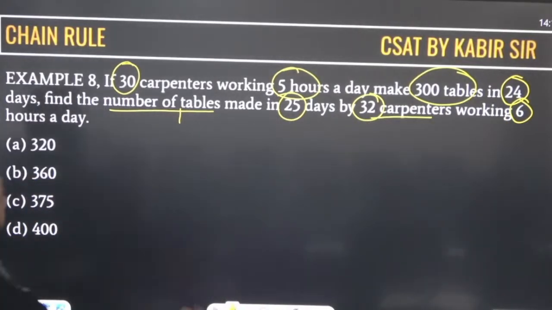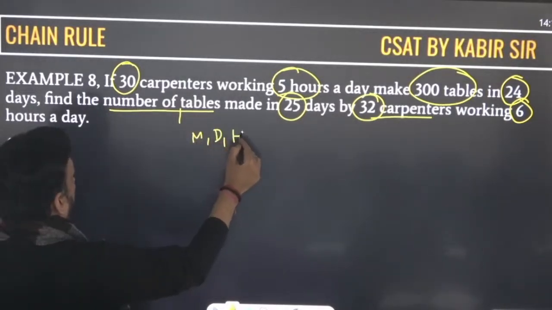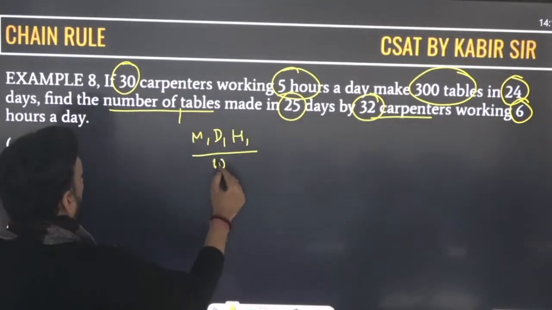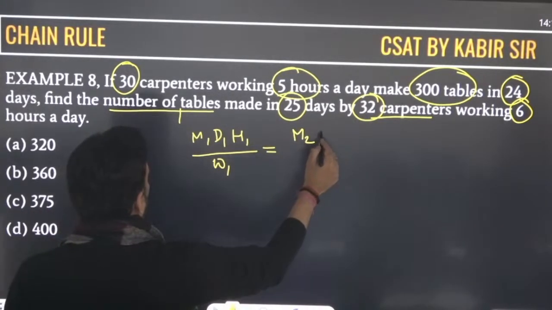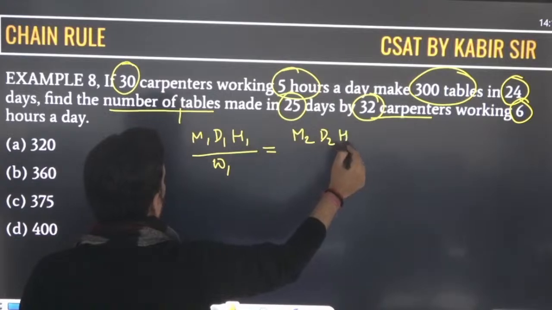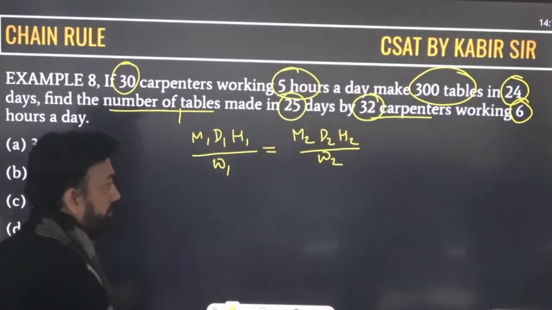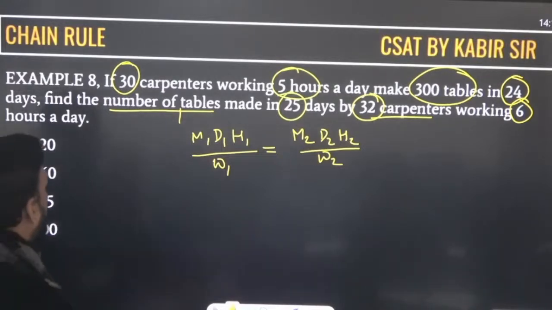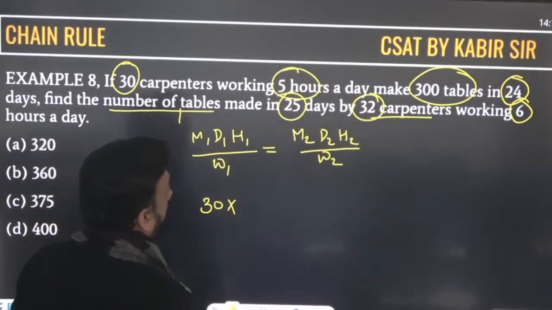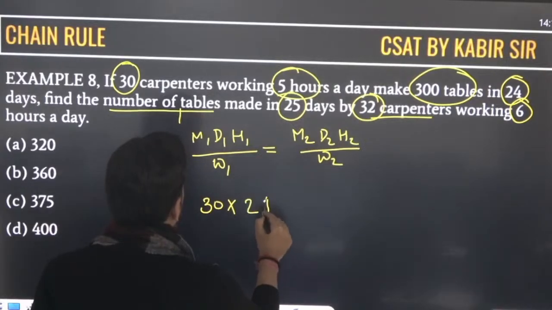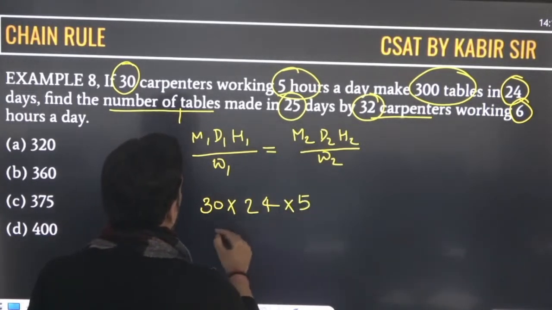Again we will use the same formula, M1 D1 H1 upon W1 equal to M2 D2 H2 upon W2. M1 is 30 carpenters. The days are 24 days. Number of hours they are working is 5 hours. How much work are they doing?